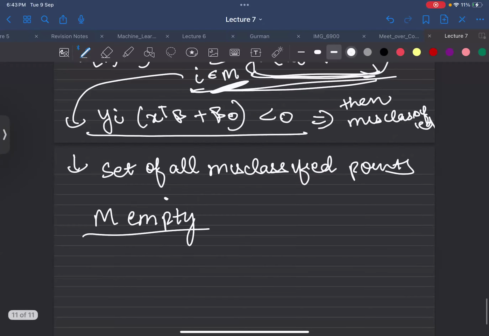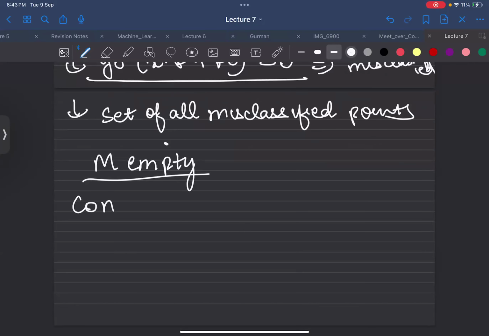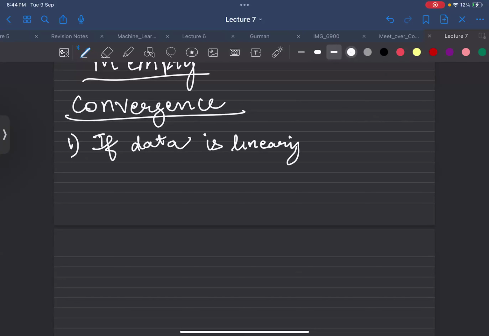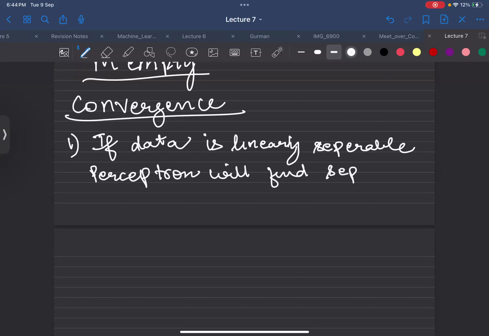And one more thing, in Perceptron, talking about the convergence thing, again, this can be an MCQ question. Keep in mind, if data is linearly separable, Perceptron will eventually find a separating hyperplane, in finite steps.